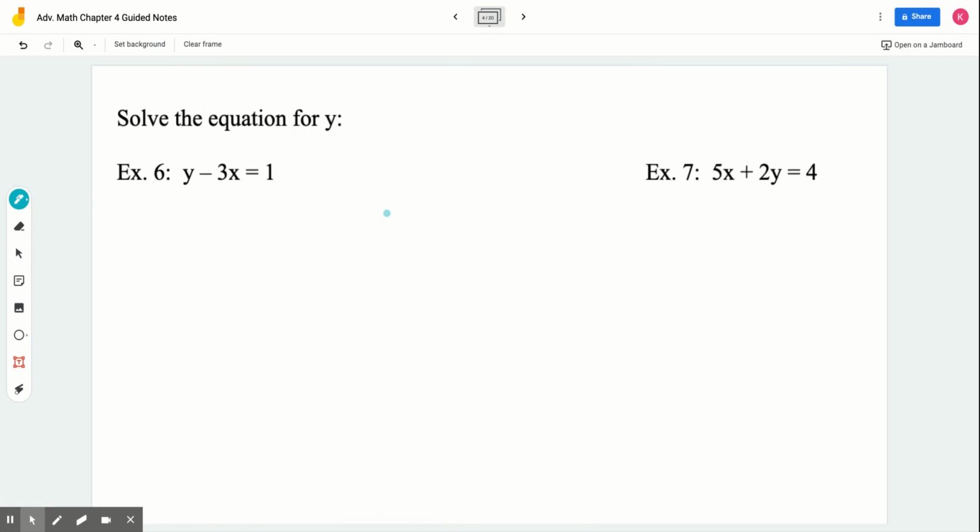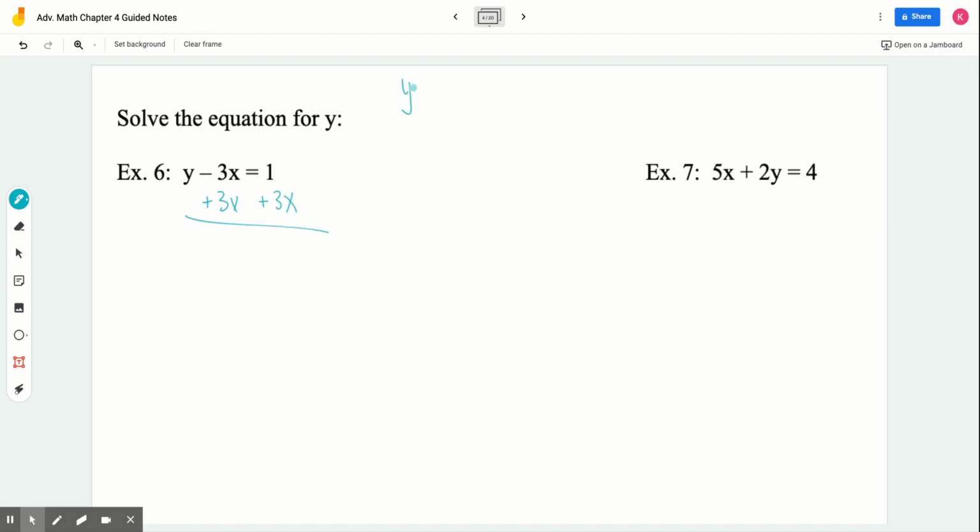The next set says to solve the equation for y. So when we solve an equation for y, we are simply getting y by itself. So we start on the side of the equal sign that has the y, but furthest away from it. So we see here that y is being subtracted by 3x. The opposite of subtracting 3x is to add 3x.